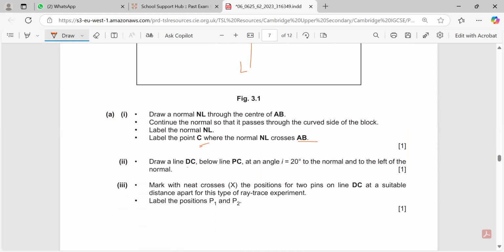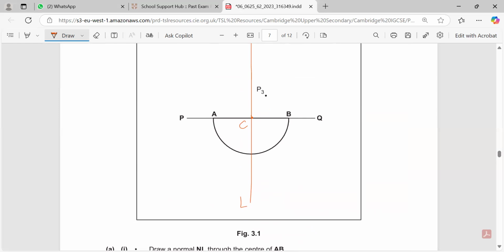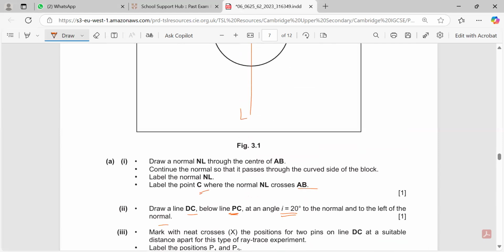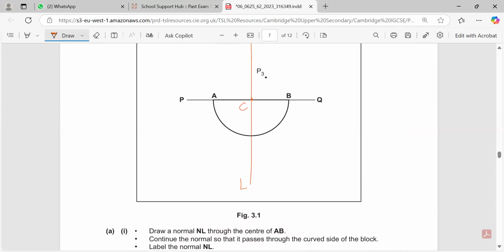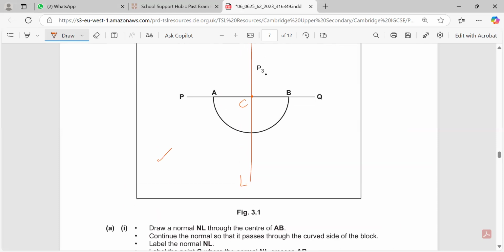Draw a line DC below the line PC at an angle of incidence of 20 degrees to the normal and to the left of the normal. Now see, right now I'm not having the protractor with me, so I will do it roughly. We are going to draw the line DC below the line AB, and the angle of incidence will be 20 degrees to the normal and to the left of the normal, meaning it should be on this side.